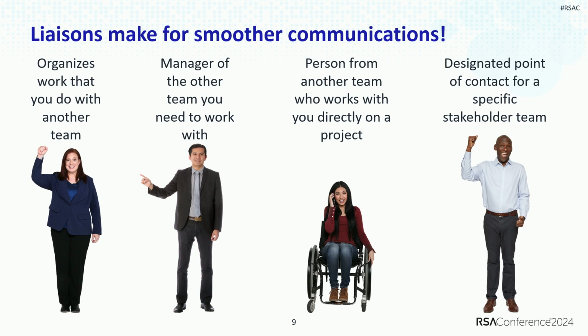Some liaisons would help organize the work that you do with another team. So for example, another team's TPM, another one would be a manager of the other team you need to work with. The person from the other team who's an IC, and your engineers would be working more directly with them.